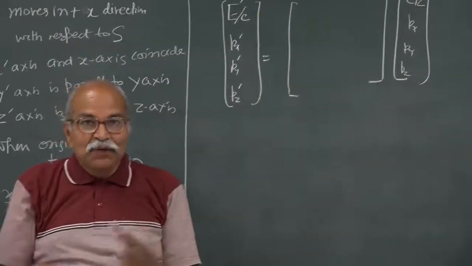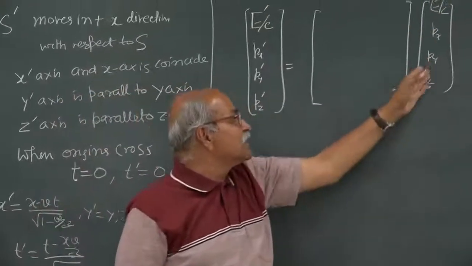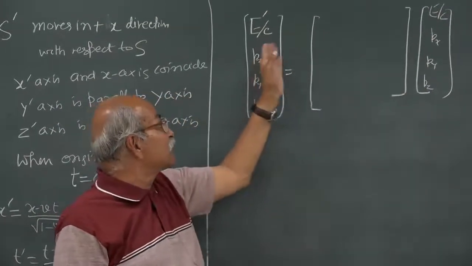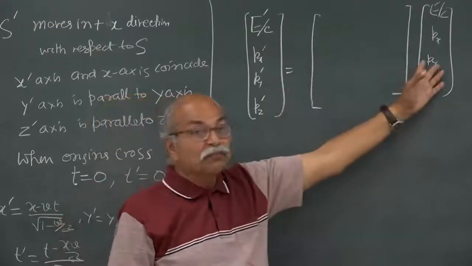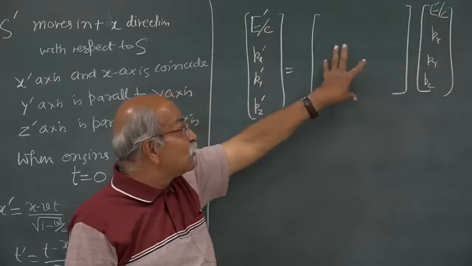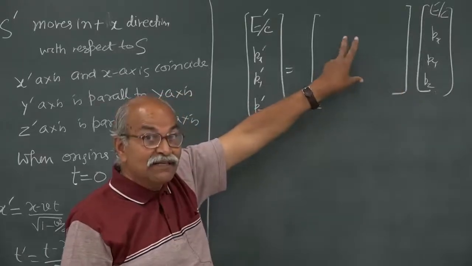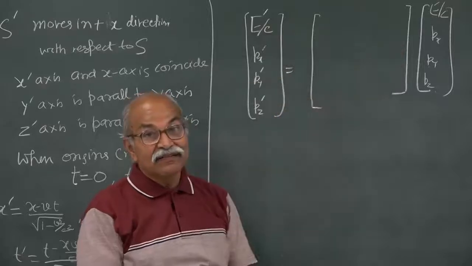Now I don't know how to get E prime from these quantities, or how to get Px prime from them. Py prime will no more be Py, it will have some combination. So depending on what kind of S prime I have chosen, this matrix will be different and the relations will be different.